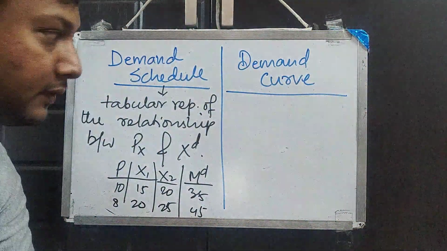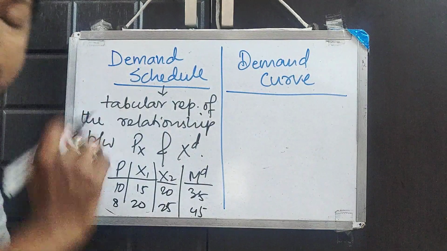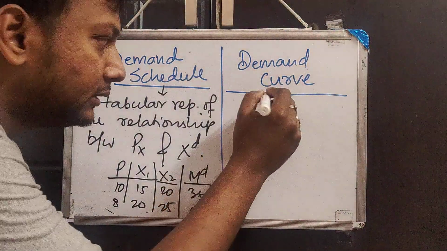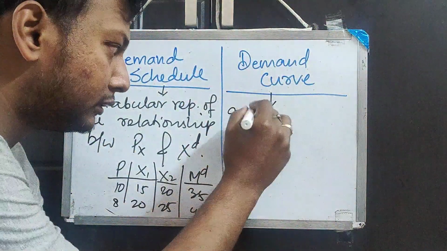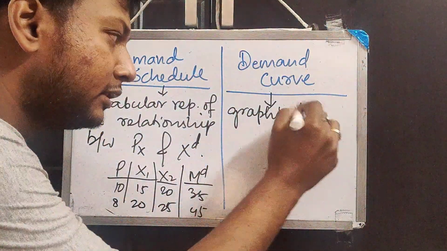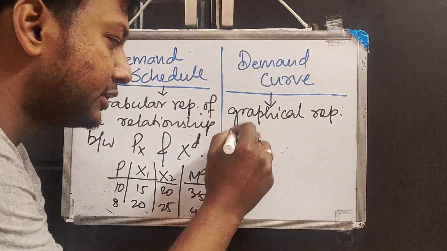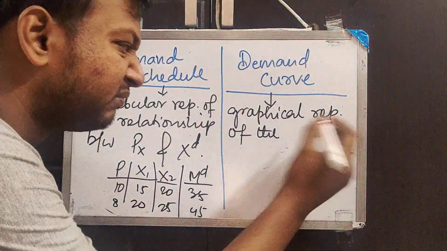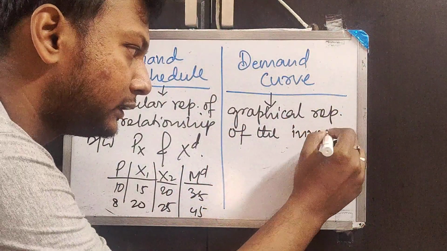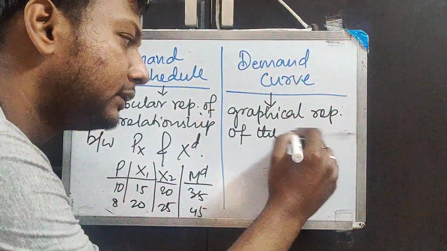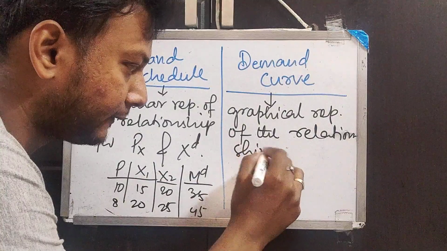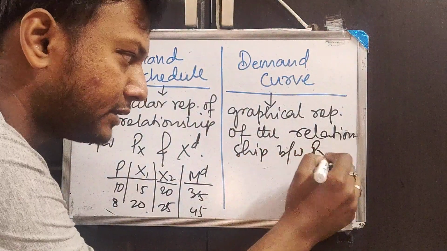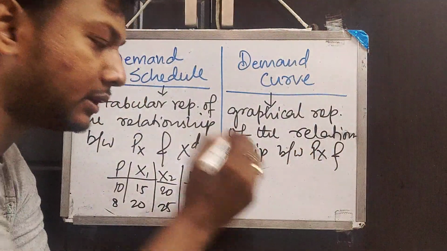What is the demand curve now? Like demand schedule was a tabular representation, demand curve will be a graphical representation of the relationship between price of the commodity and the demand of the commodity.